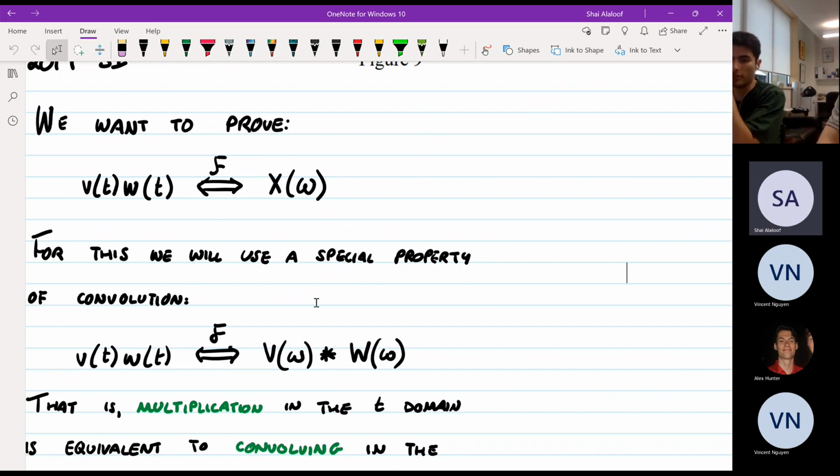Yes, that's right. With this equation right here, you can move the convolution operator and just have this as a scalar multiplication. Multiplication in the time domain is convolution in the frequency domain, and vice versa. Multiplication in the frequency domain is convolution in the time domain.